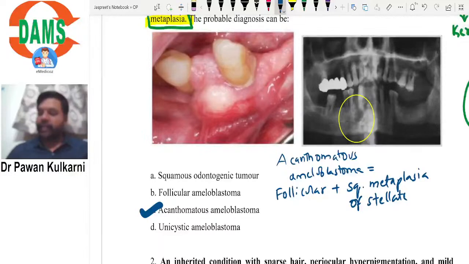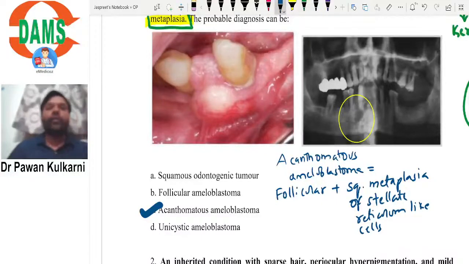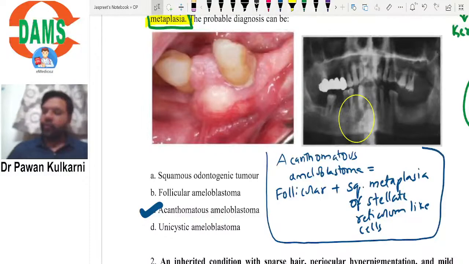If you see a combination of these two, that helps us come to a diagnosis that this is acanthomatous ameloblastoma.